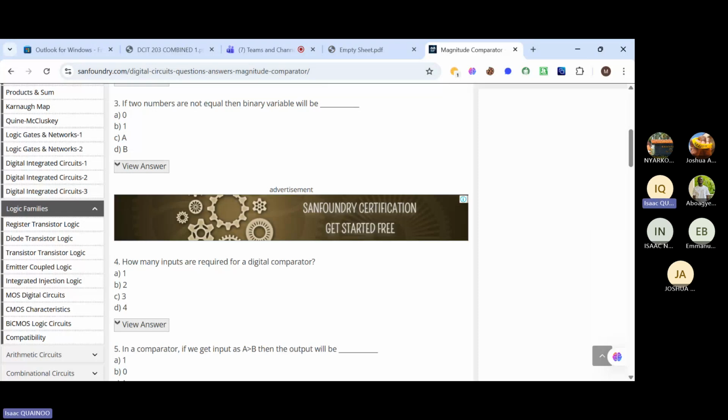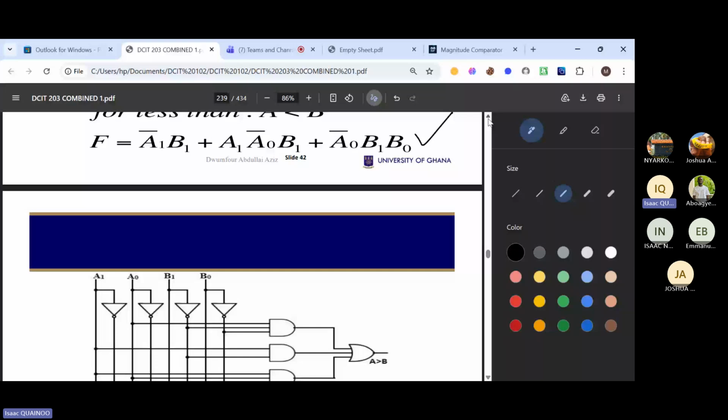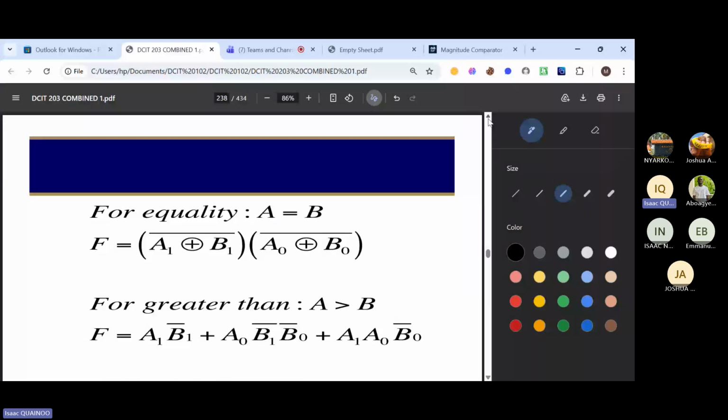So if the two numbers are equal, a magnitude comparator puts 1 there. If the two numbers are not equal, then it's going to put a 0. Let me show you something here.